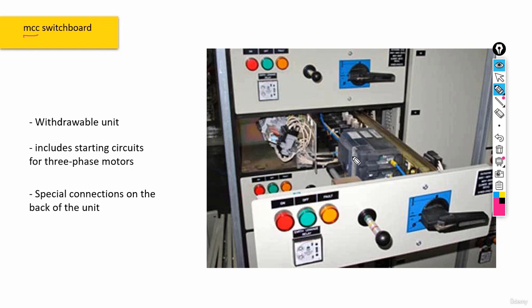So, in other words, all of the equipment here is set inside a drawer. Now, when we draw the panel out, the circuit would be disconnected. And also, in the backside of the panel or this drawer, we have some connections through which the panel would be connected to the three-phase motor or three-phase lines.